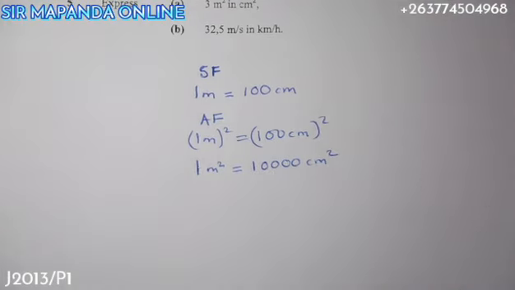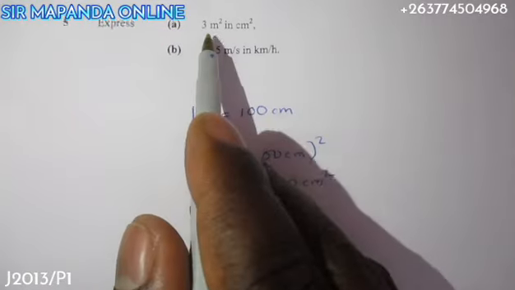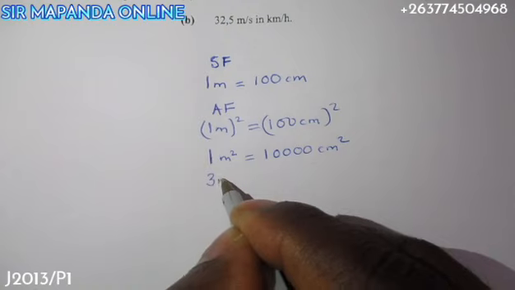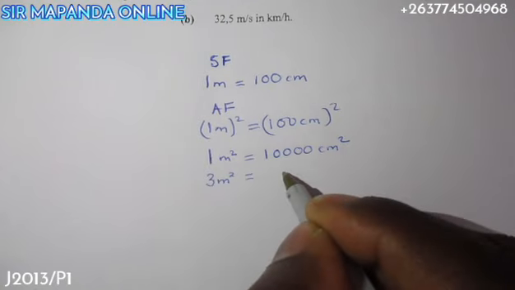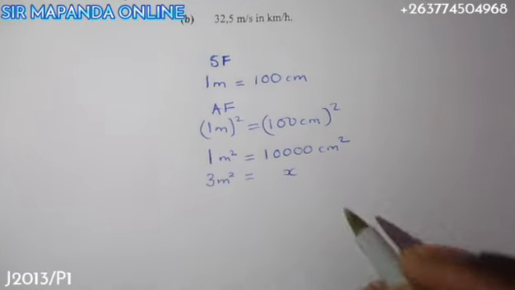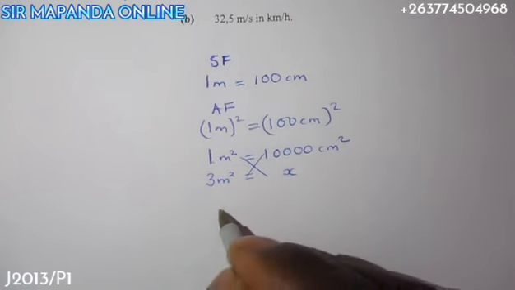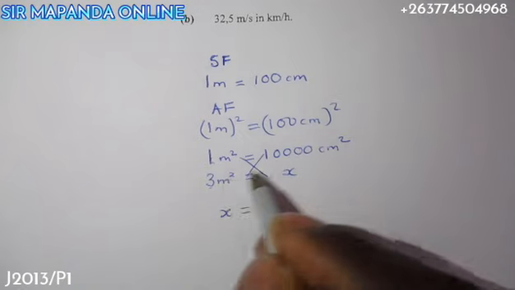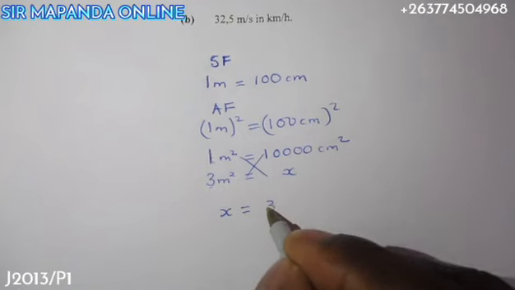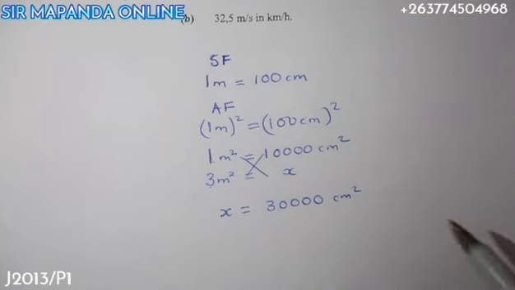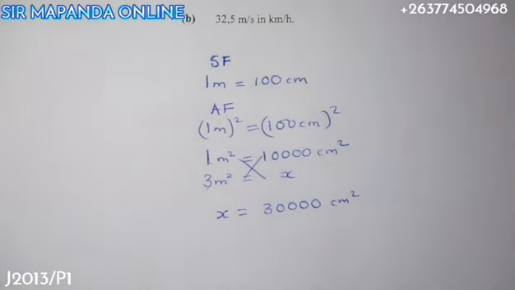So this is now your area factor. So you put 3 square meters on your left, then you put x on the right, then you cross multiply. So 1 times x, you get x. 3 times 10,000, you get 30,000. So your answer is 30,000 square centimeters.